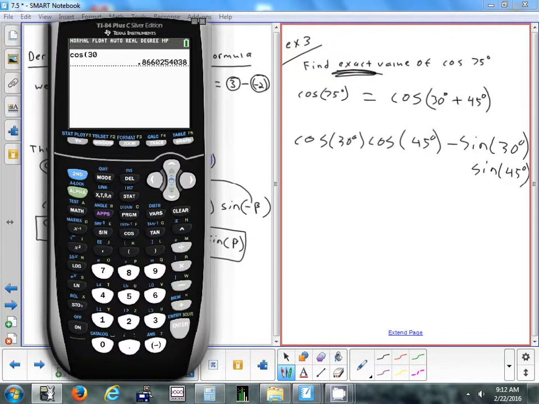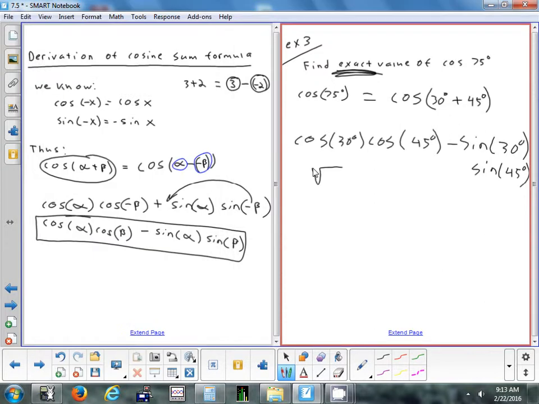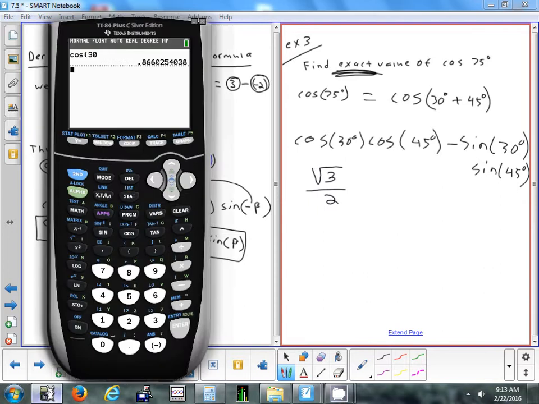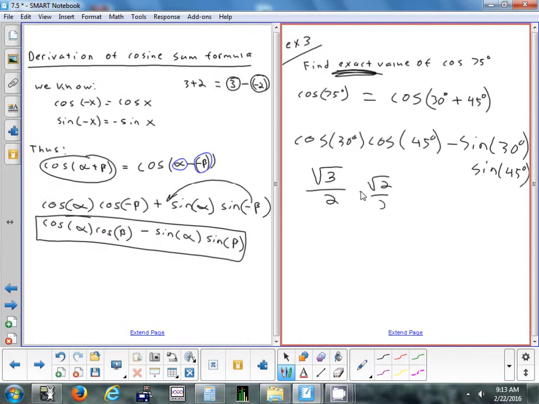Somebody remind me what that is as an exact? Square root of 3 over 2. Okay, and cosine 45, that's the 0.707. That's root 2 over 2.